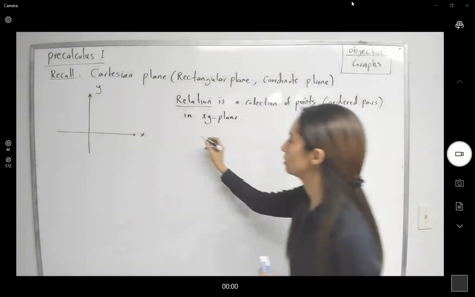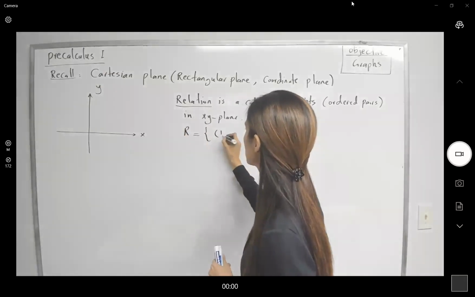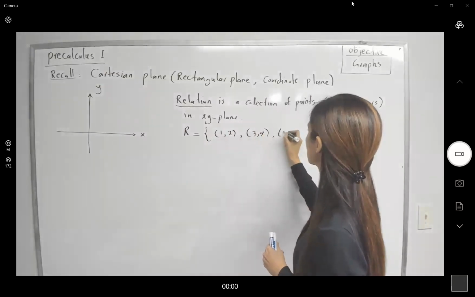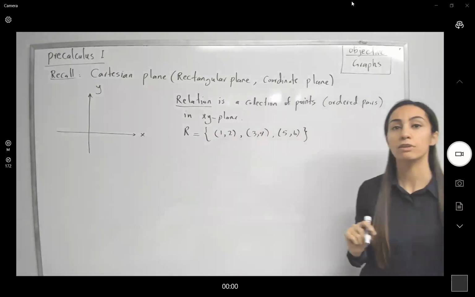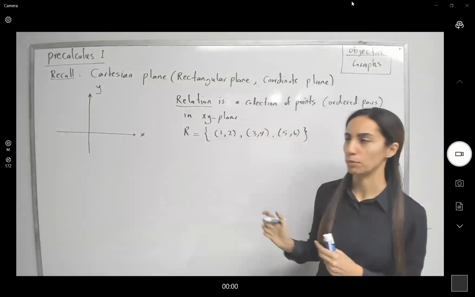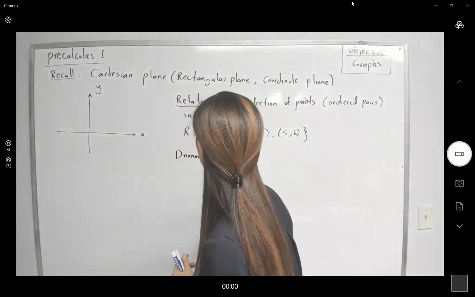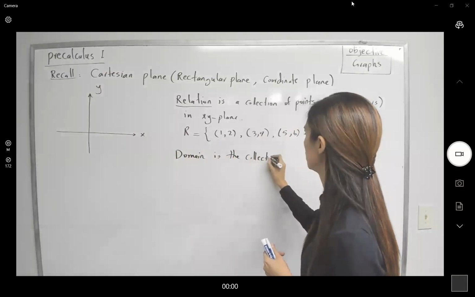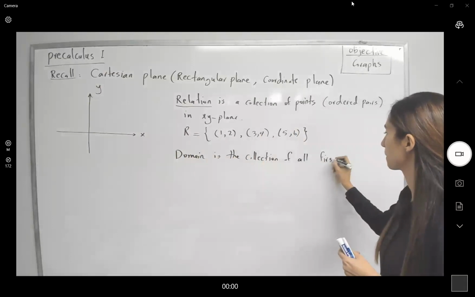So for example, you have a relation like R equals the set of points (1, 2), (3, 4), (5, 6). For any relation, we can define the domain. The domain of the relation is the collection of all first coordinates.